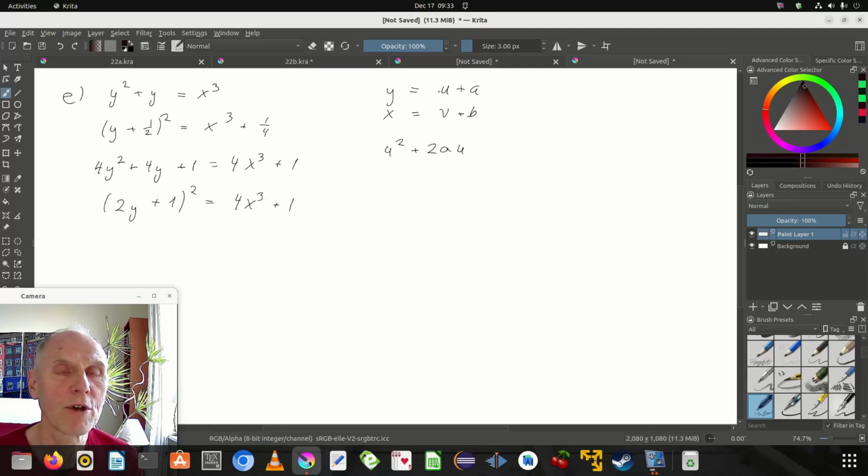We should also have a coefficient on, yeah, oh my god. Silly, silly, silly. So let's put a coefficient on x and see if we can do it that way, and then hope that the coefficient to u becomes a square.